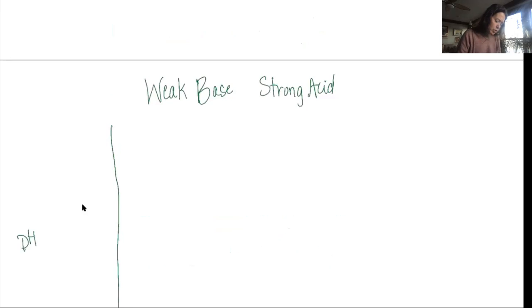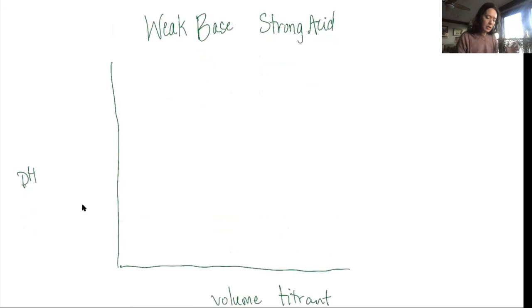This time we are starting with a weak base, right? So our curve will start from the top, whatever that pH is. We'll just assume it's a little below 14, okay?